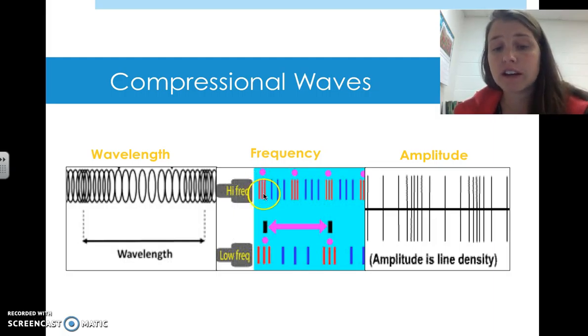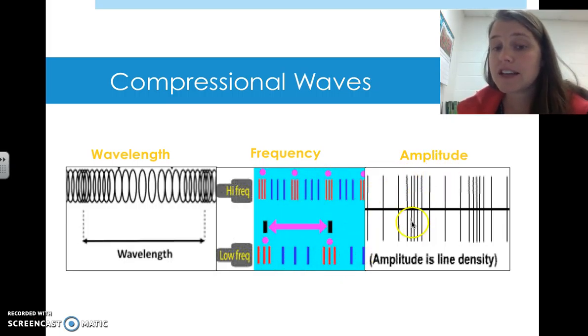So notice here, we have the same distance. This is one wavelength here, but in that same wavelength here, we have 3 compressions. So this is higher frequency than this. This is a low frequency because look how far apart they are. We get more compressions here than we do here.